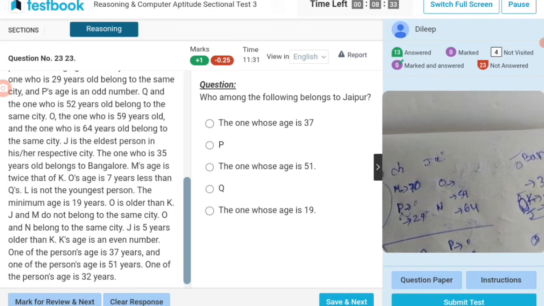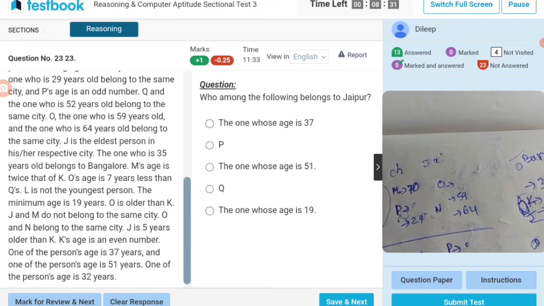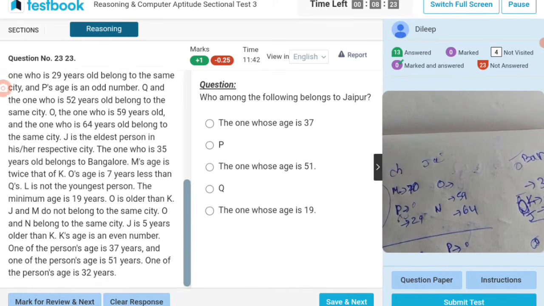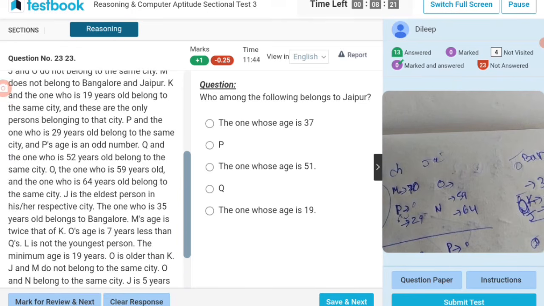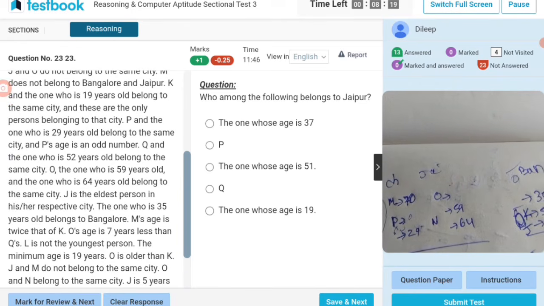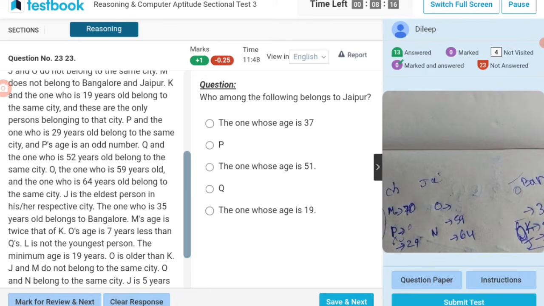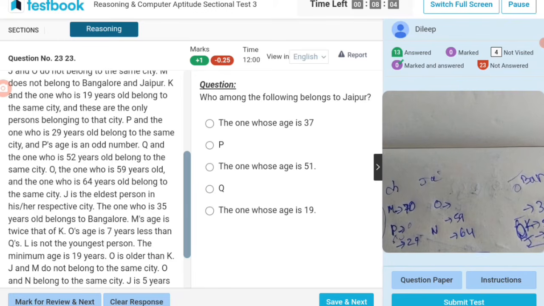O is 7 years less than Q. L is not the youngest.